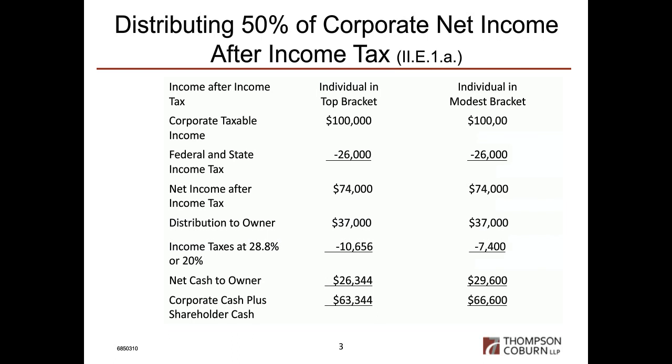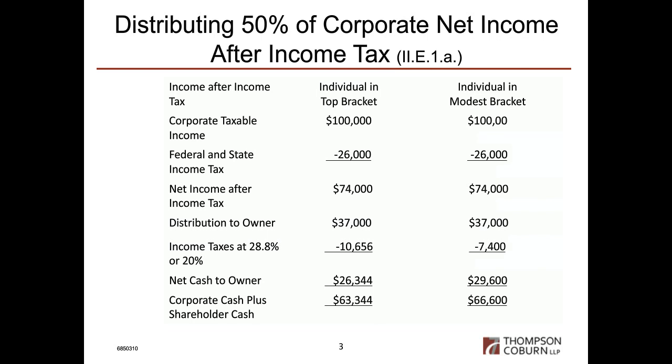Now, that's the cash in the owner's hands, but remember, the corporation retained the other half, or $37,000. So if we take the $26,344 that the owners got net after tax and the $37,000 that was reinvested, we come up with $63,344 net after income tax combined between the corporation and the shareholders.